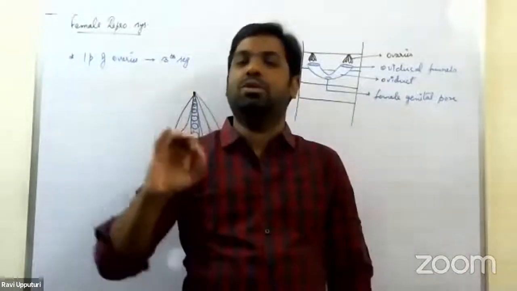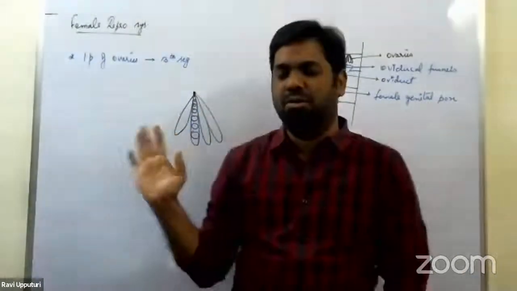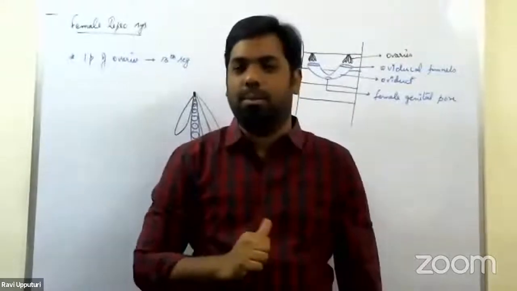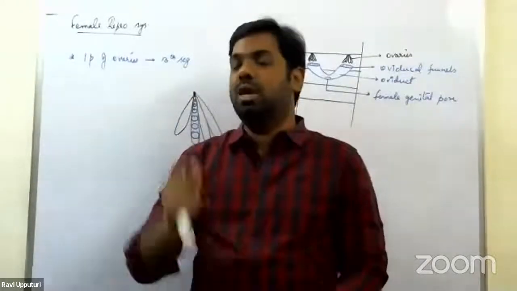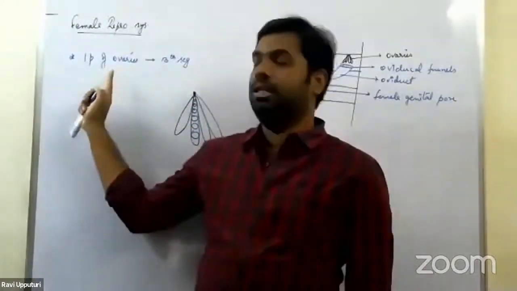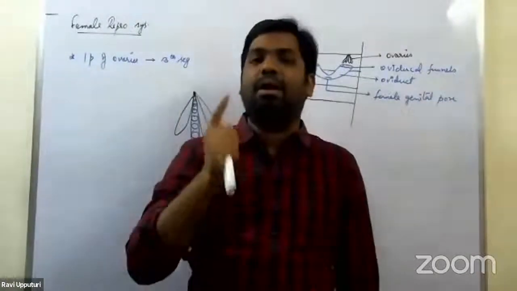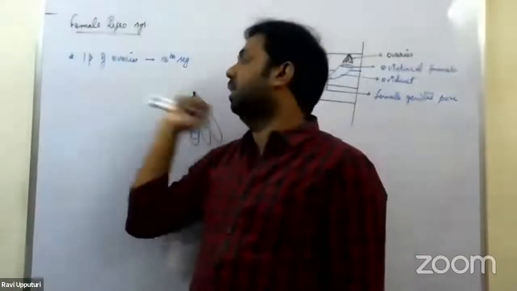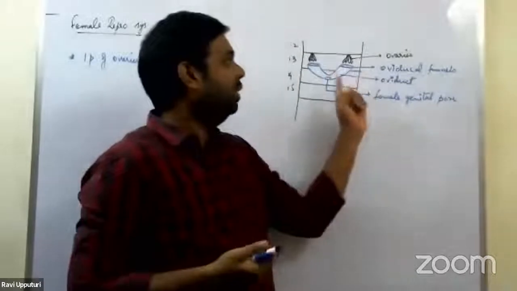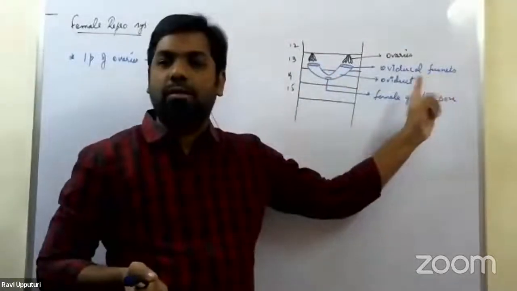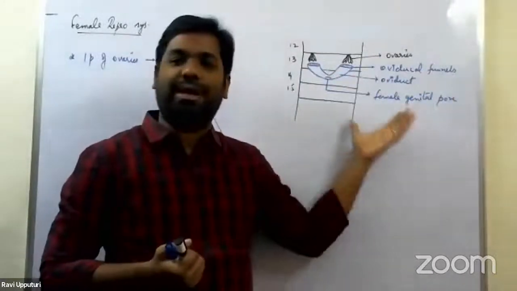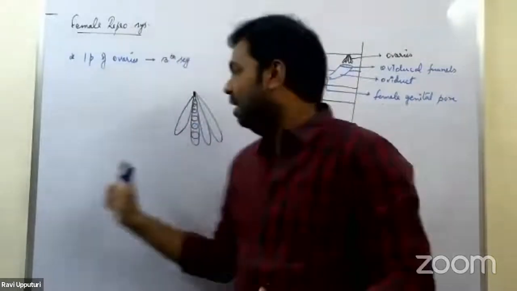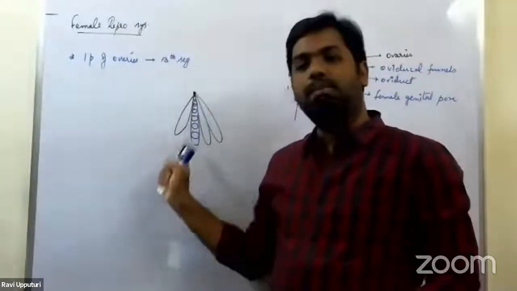So the major components of the female reproductive system are very simple compared to that of the male reproductive system. Major components: the primary sex organs, which are called the ovaries. There is one pair of ovaries present in the 13th segment. Then along with that, there is one pair of oviducal funnels right below the ovaries, which would capture the ovum released from the tip of the ovaries.